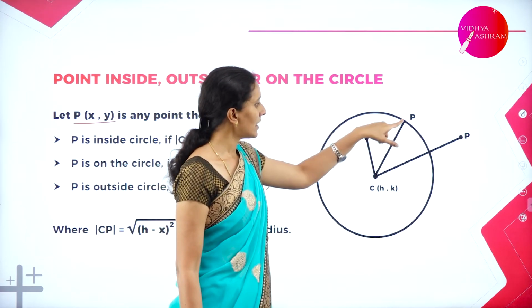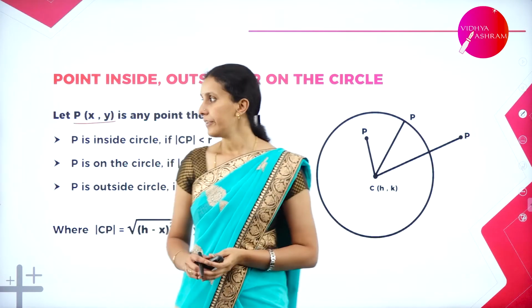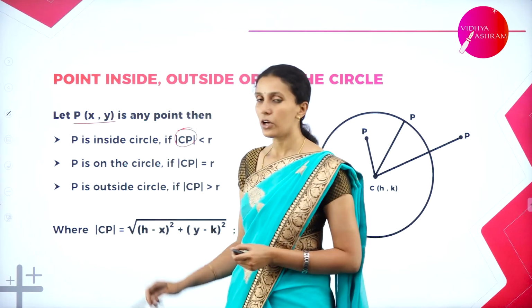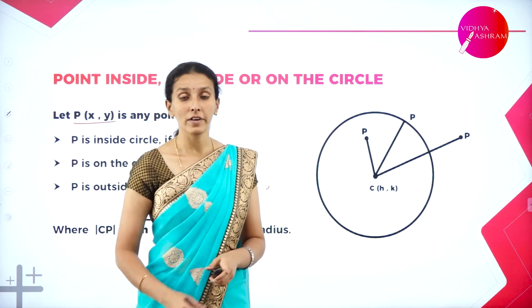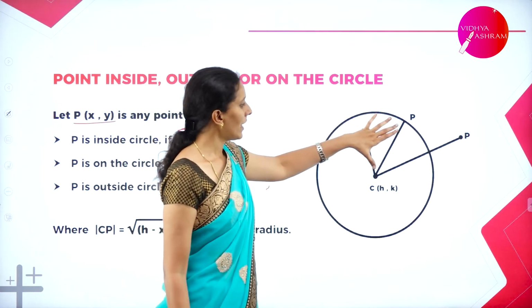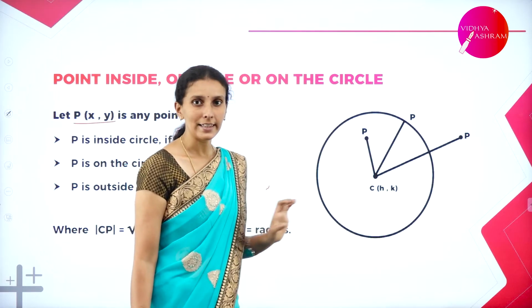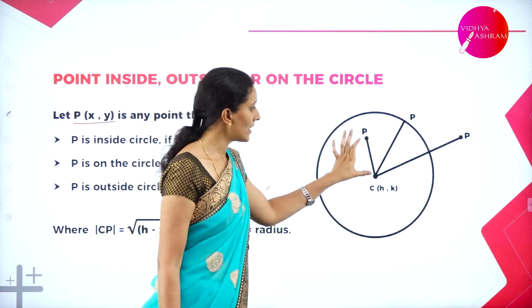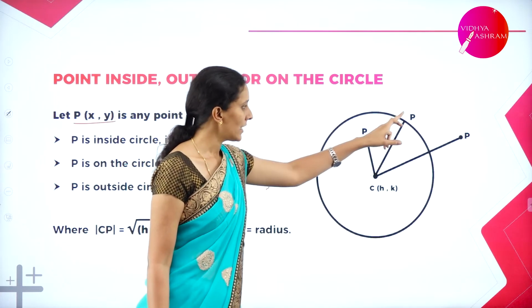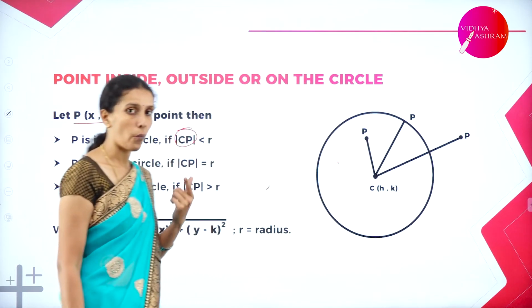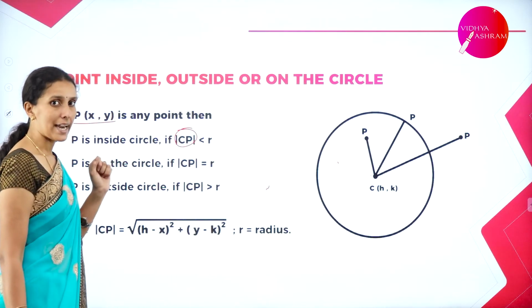Here |CP| is the distance, and I have taken the modulus because distance is always positive. So the distance from the point to the center is less than the radius when the point is inside the circle.